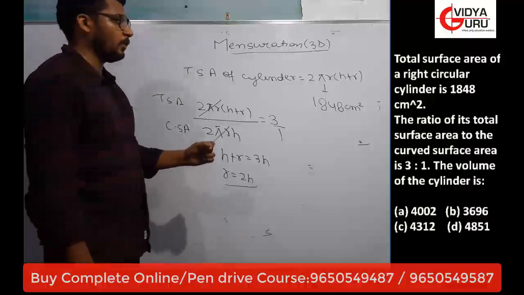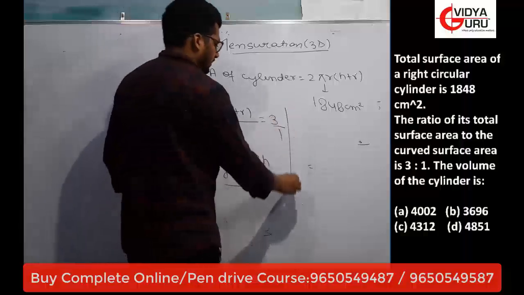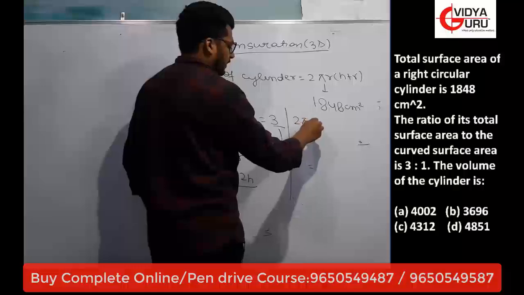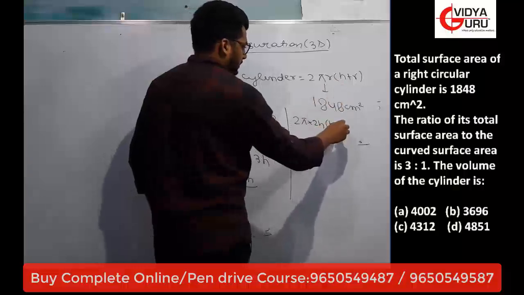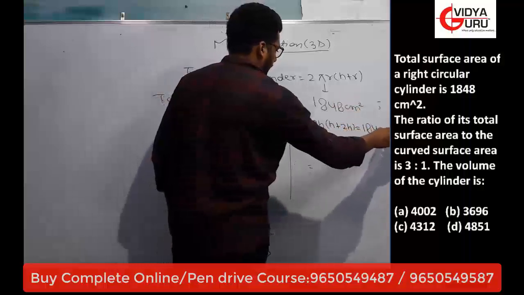The question is asking, what is the volume of the cylinder? If I put this value in this equation, r is equal to 2h, 2 pi in place of r, 2h, and in place of h, and in place of r, 2h. This is given 1848.